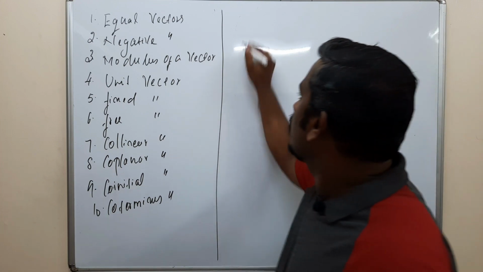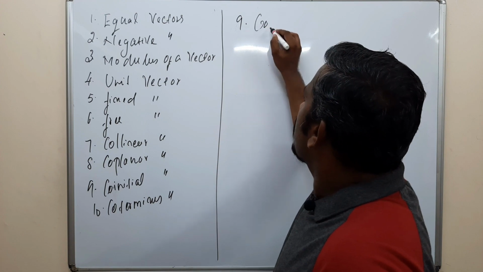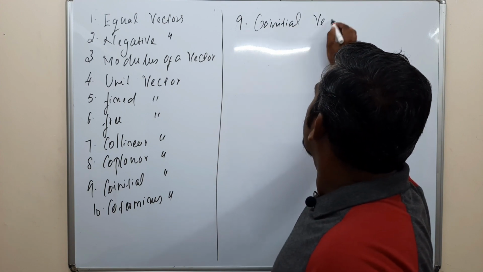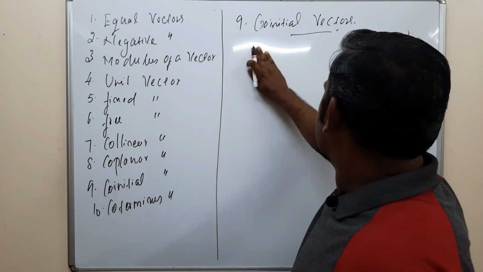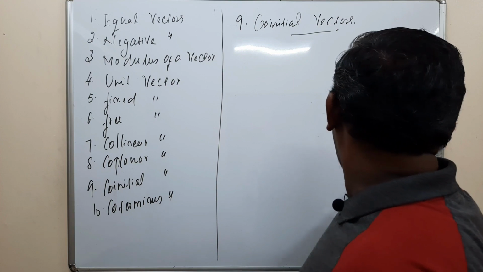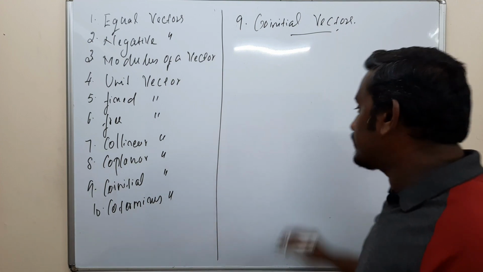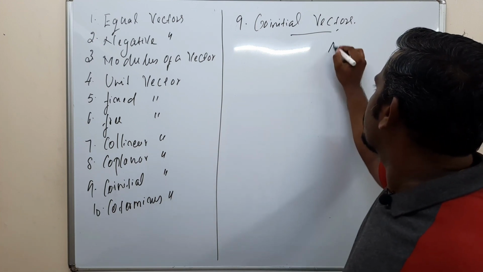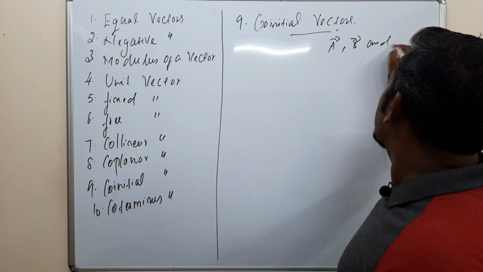Then ninth one, co-initial vectors. If more than one vector is acting from the same point, this is a point, and suppose three vectors: A vector, B vector and C vector.